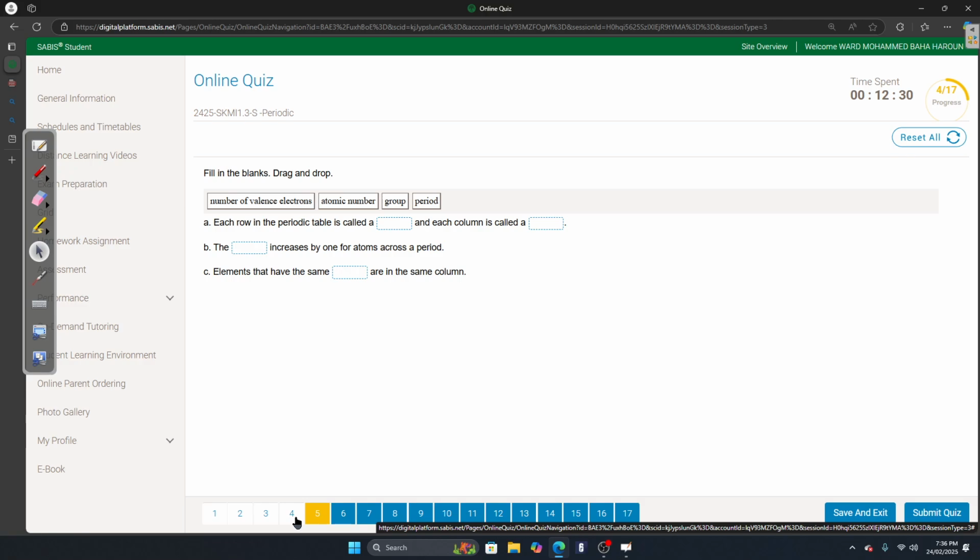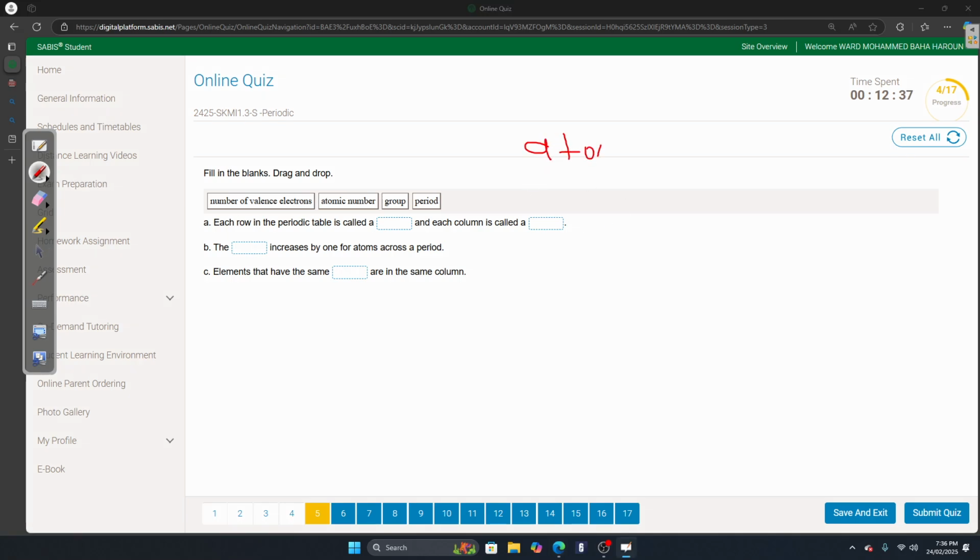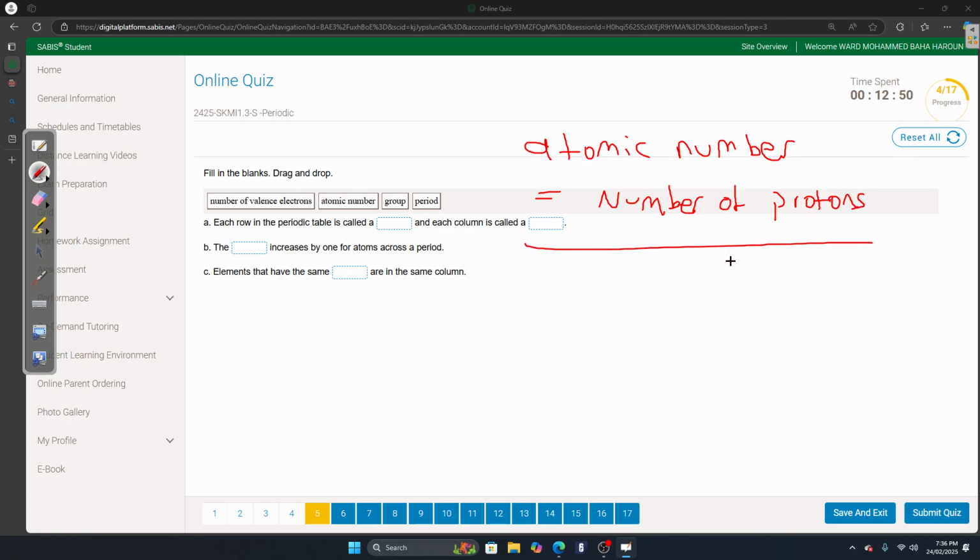Okay, like we said, atomic number. I don't know if I explained it. Atomic number. Number of protons, okay?